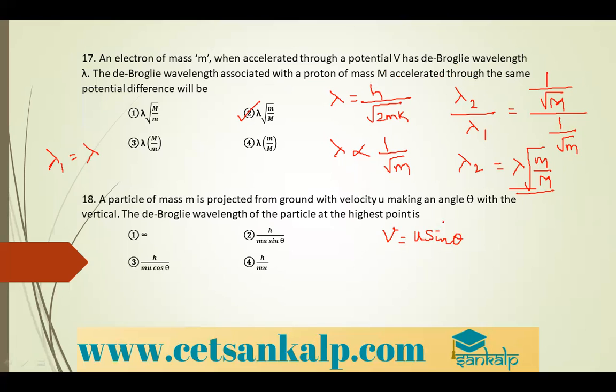Why? Because the component moving upward is sin theta. So lambda is equal to h divided by m into v. You can write this as h divided by m u sin theta. So option 2 is the right answer.